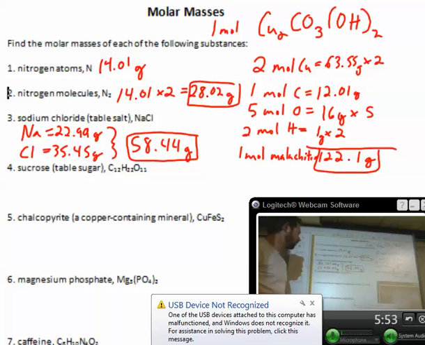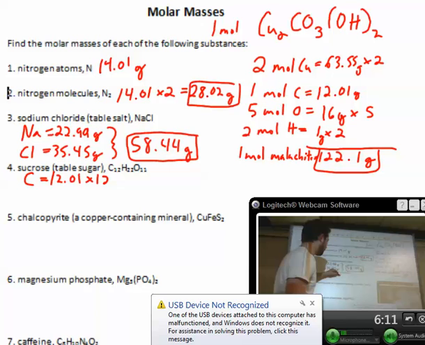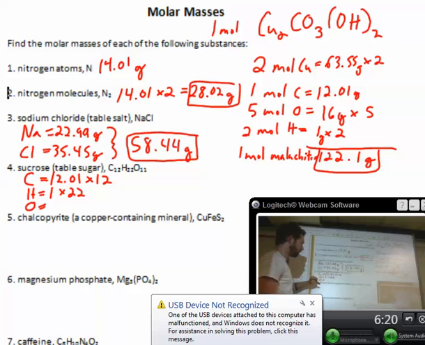Okay, sucrose. Let's try a more difficult one. Sucrose is C12H22O11. So C12: carbon is individually 12.01, so we're going to multiply that by 12. Hydrogen is 1, multiply that by 22. And oxygen is 16, multiply that by 11.